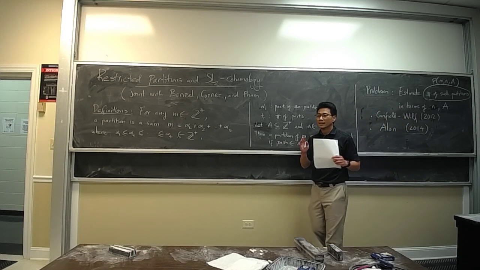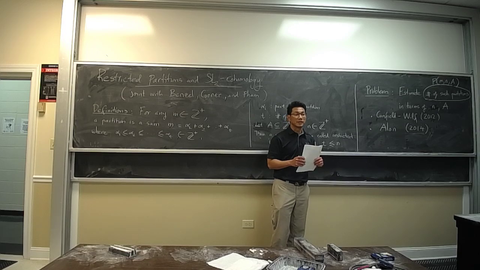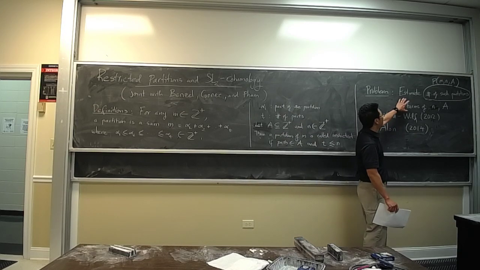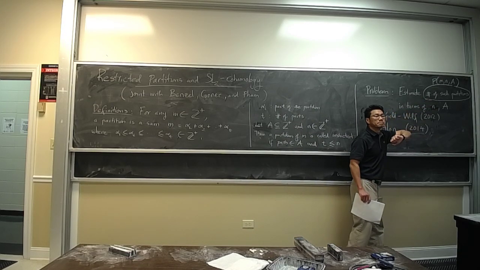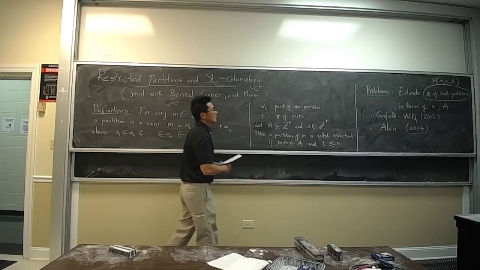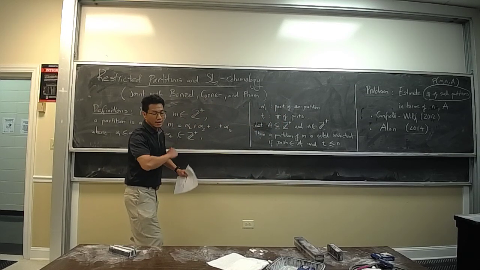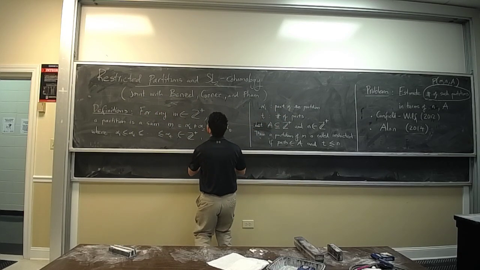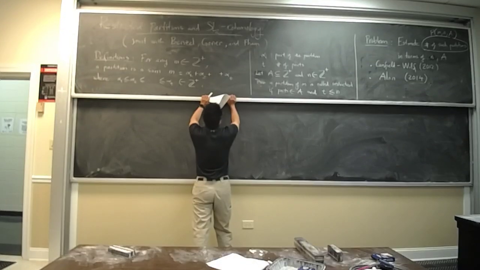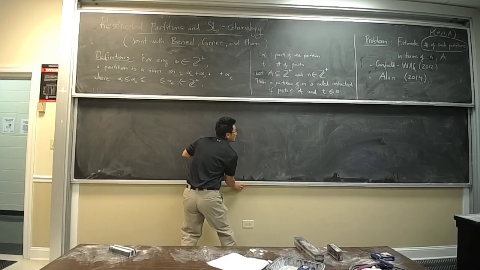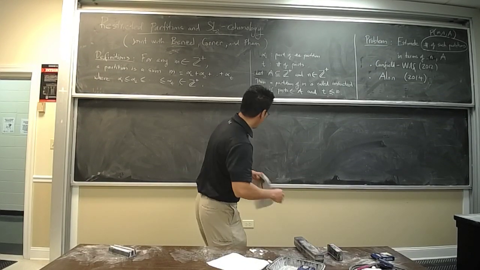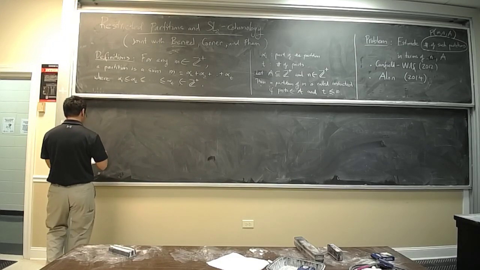That's what we are focusing on. So we want to get an upper bound for this number. Now I'm going to show you what we found on this problem. Here is what we have.